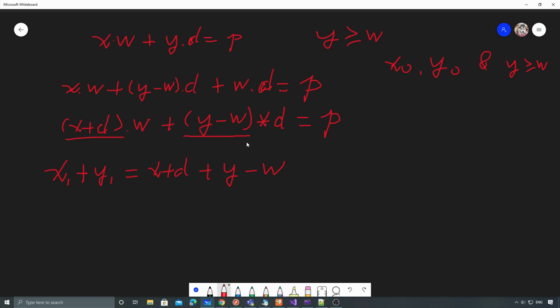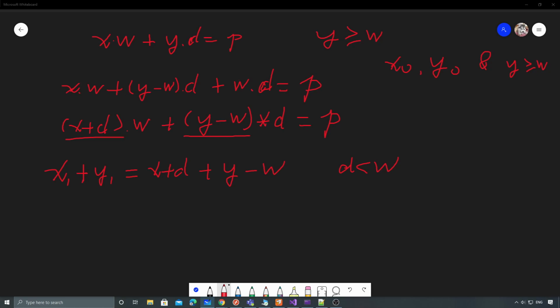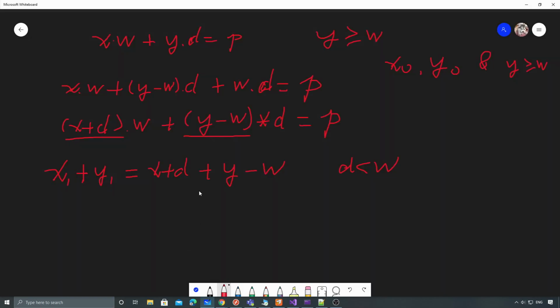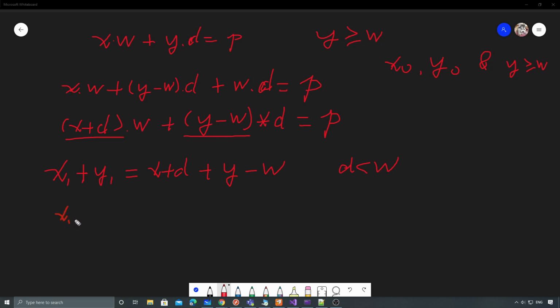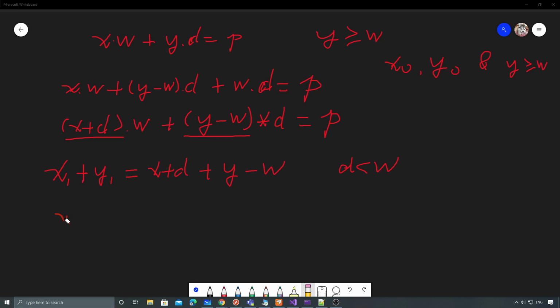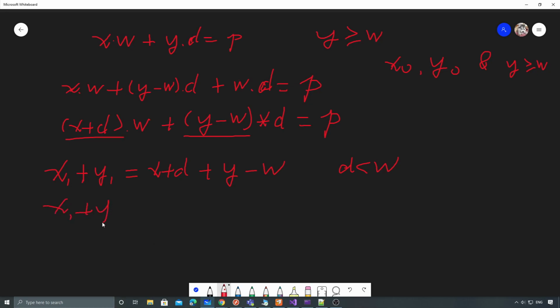So these two things. And since d is smaller than w, which is one of the conditions in the problem, this d minus w is smaller than 0, which means that x1 plus y1 is smaller than x plus y.